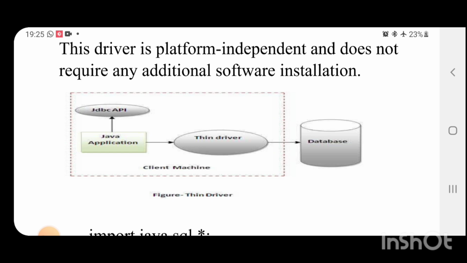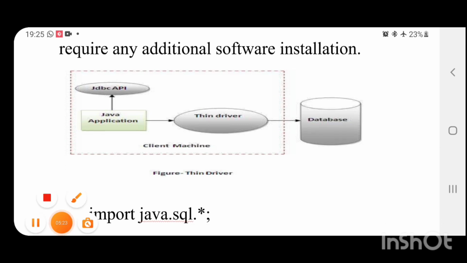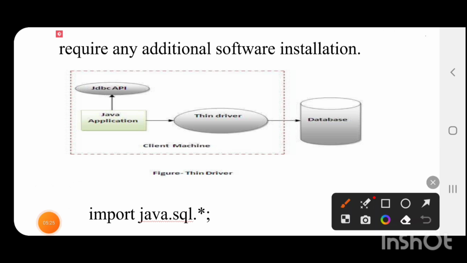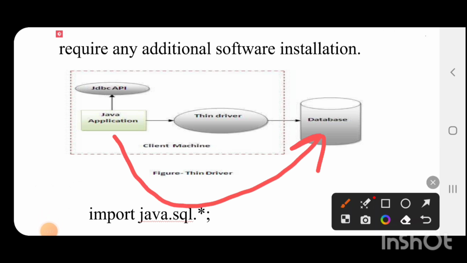It doesn't need any type of software or driver installation. The thin driver converts the JDBC call directly into the vendor-specific database call. If you see here, the Java application can directly interact with the database with the help of the thin driver.